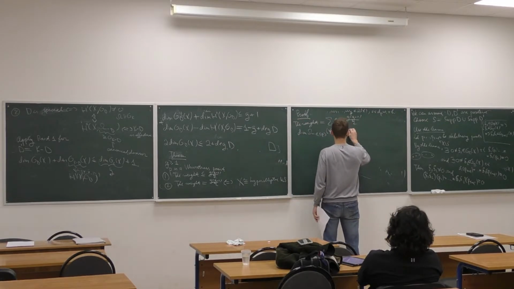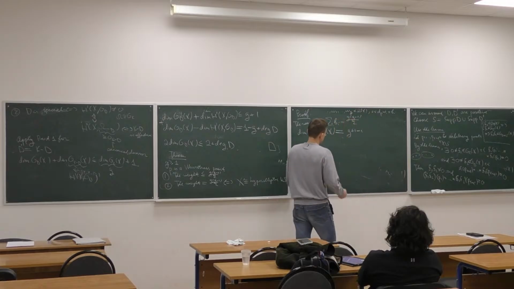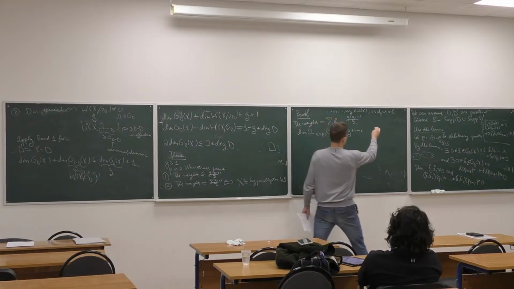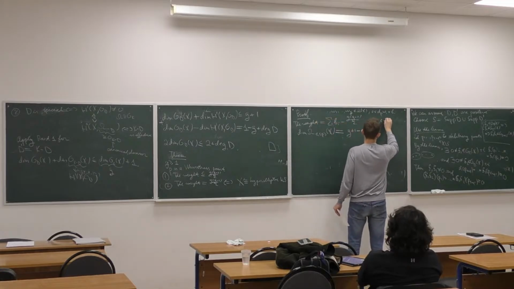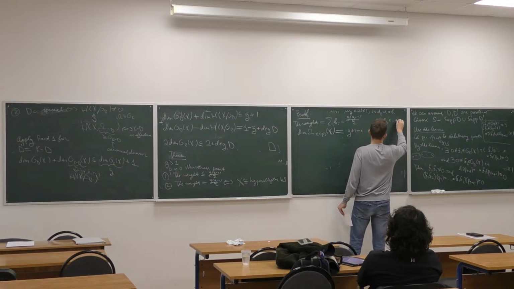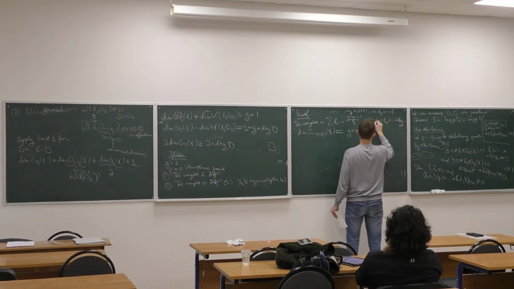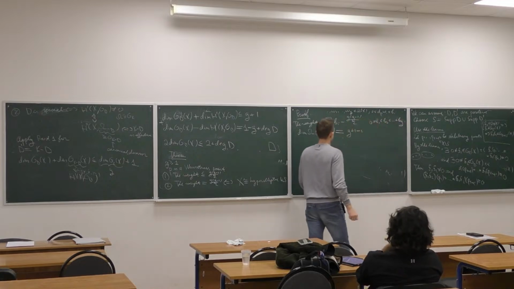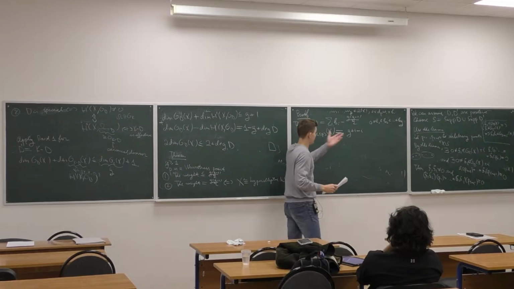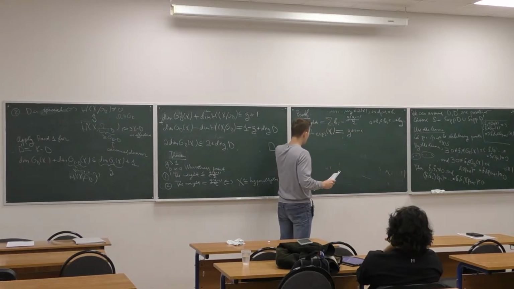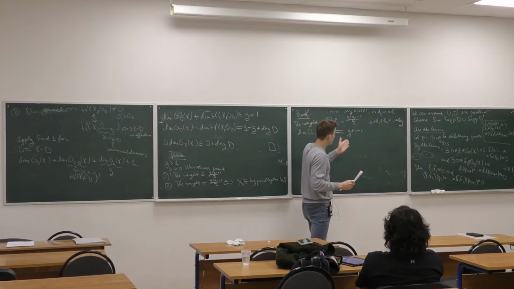Yes, it is g plus 1 minus i. Recall that b_1 is actually 0. So when i is equal to 1, you consider the space of all holomorphic forms, and the dimension is g.